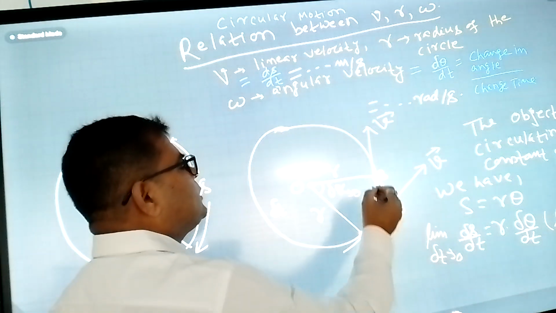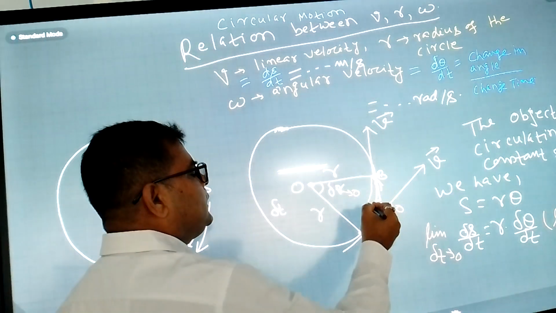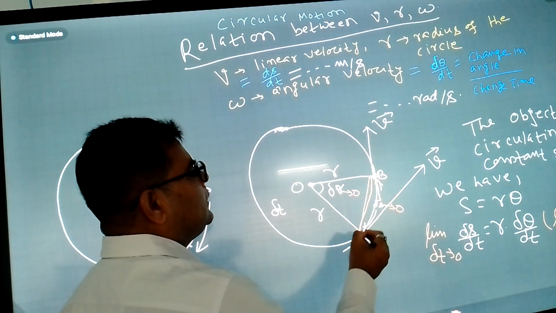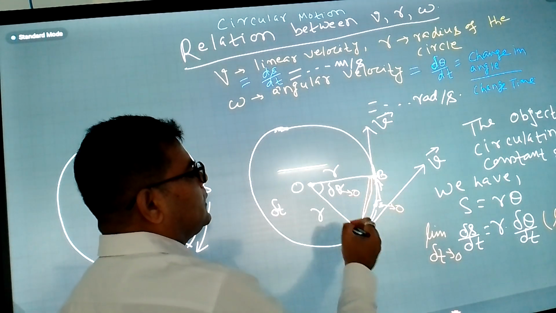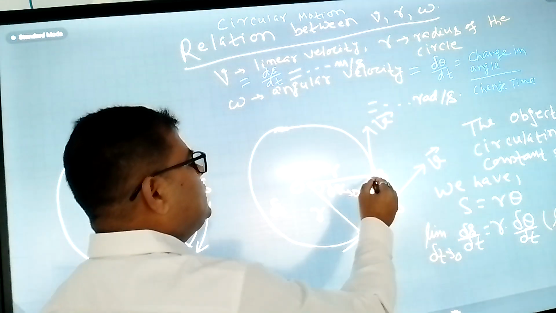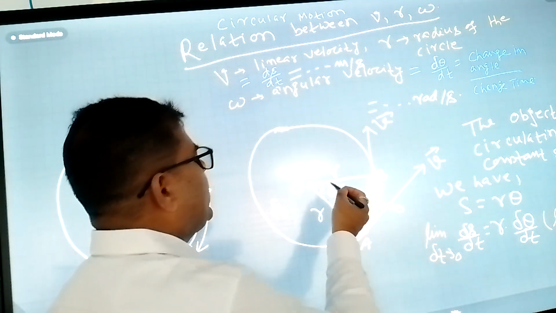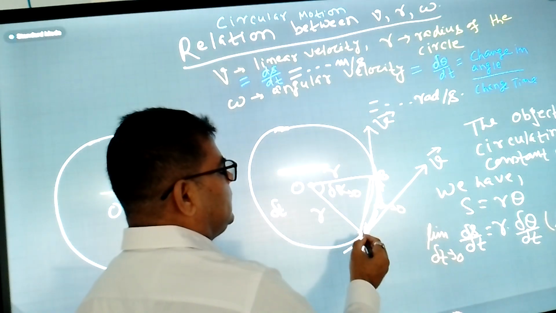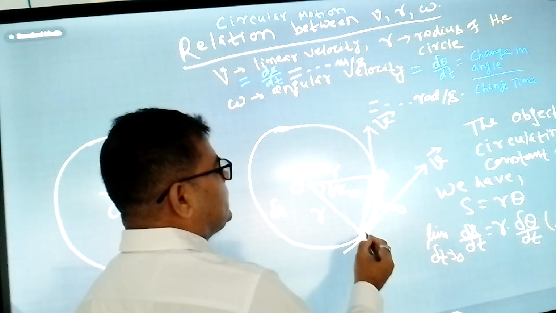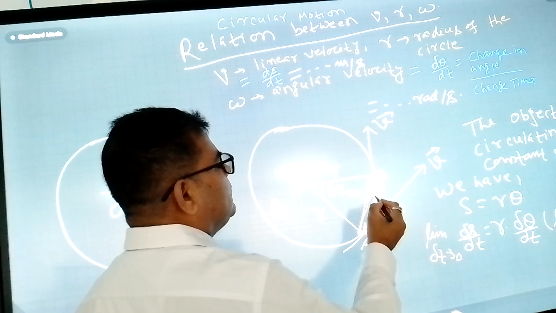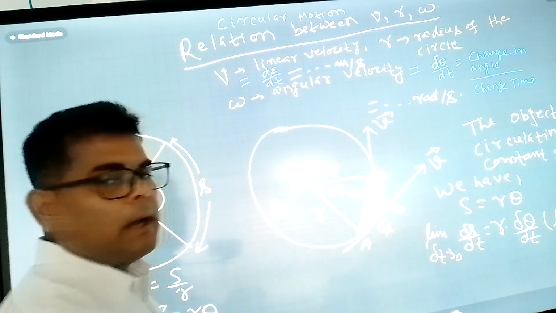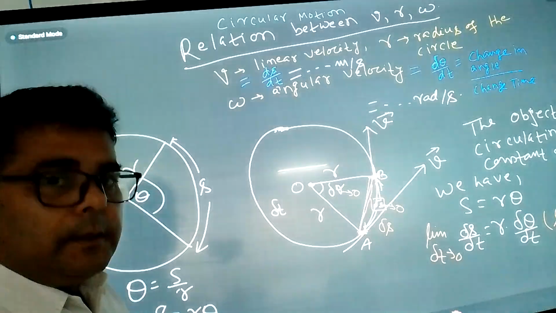In this case it is difficult to say whether this is a straight line or a curved line. While changing the angle by del theta, the object changes its distance from A to B by the amount delta S, so delta S can be taken as the change of distance.